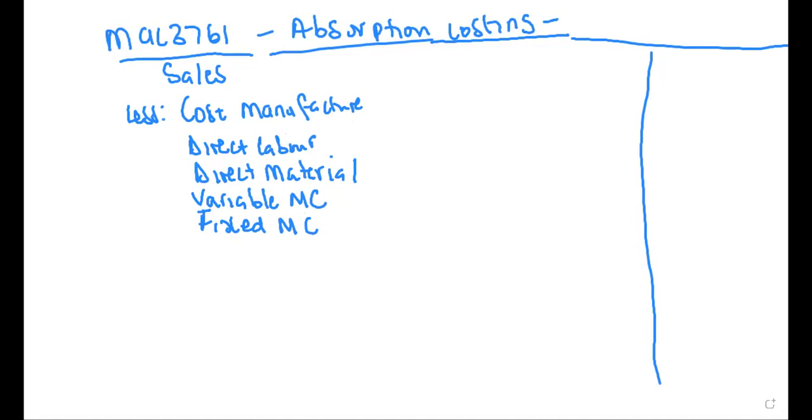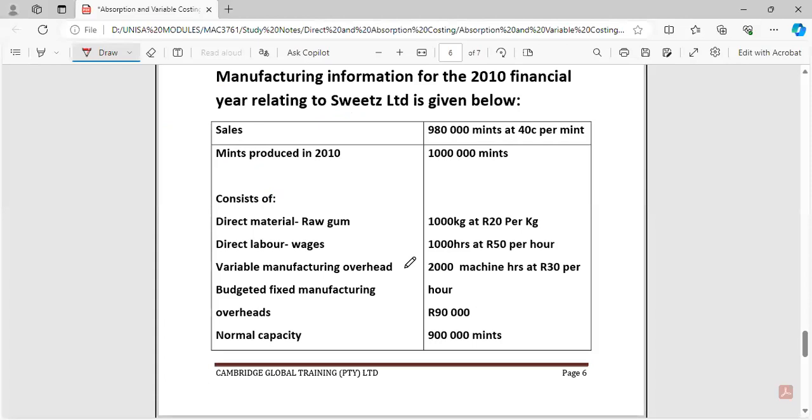I don't think you will not be able to see what is direct material here. They even mention here the direct material is 1000 kg at 20 rand per kg. They will never trick you, they will give you a figure. Even if it is a long scenario, the figure will be there.